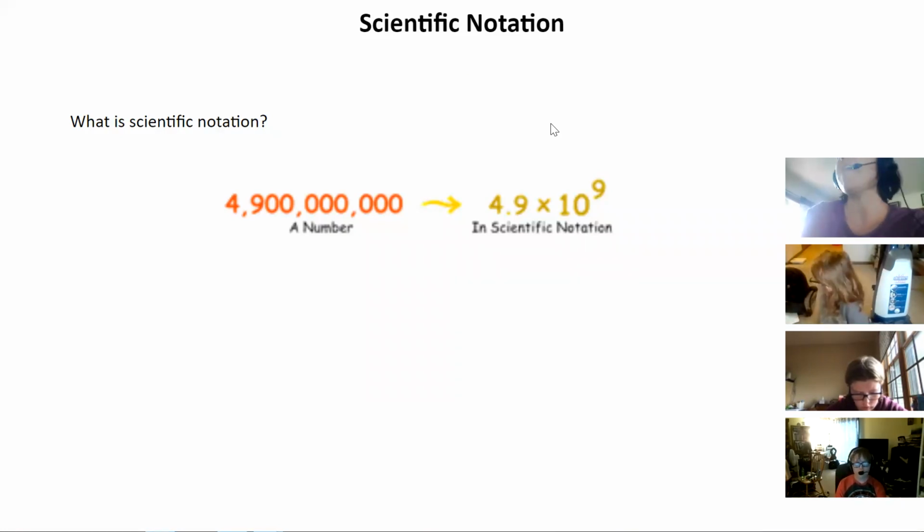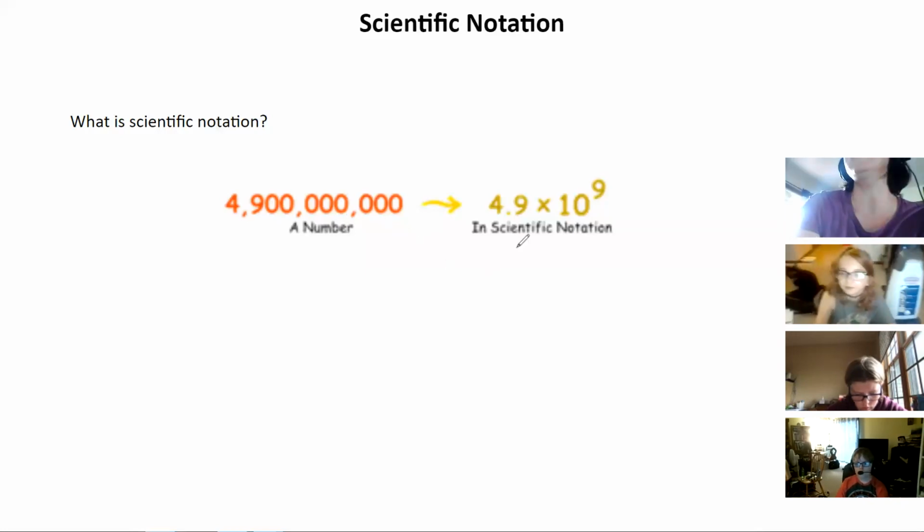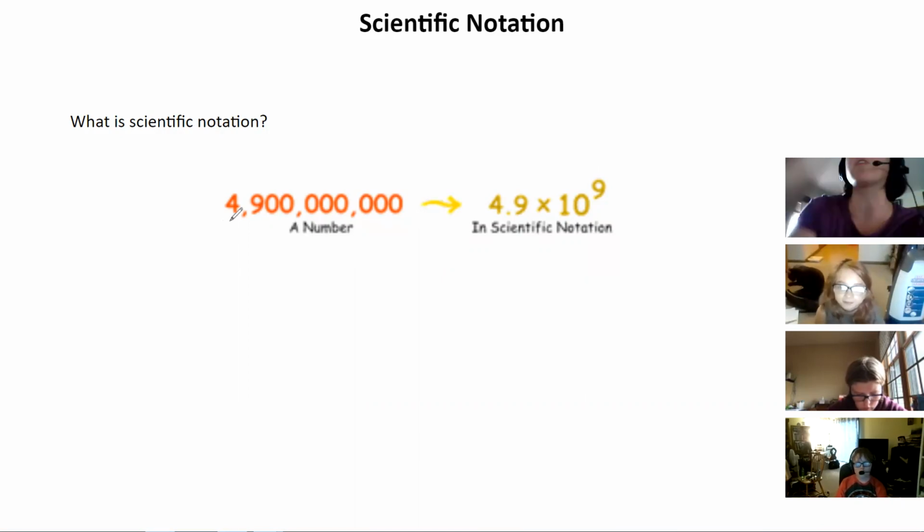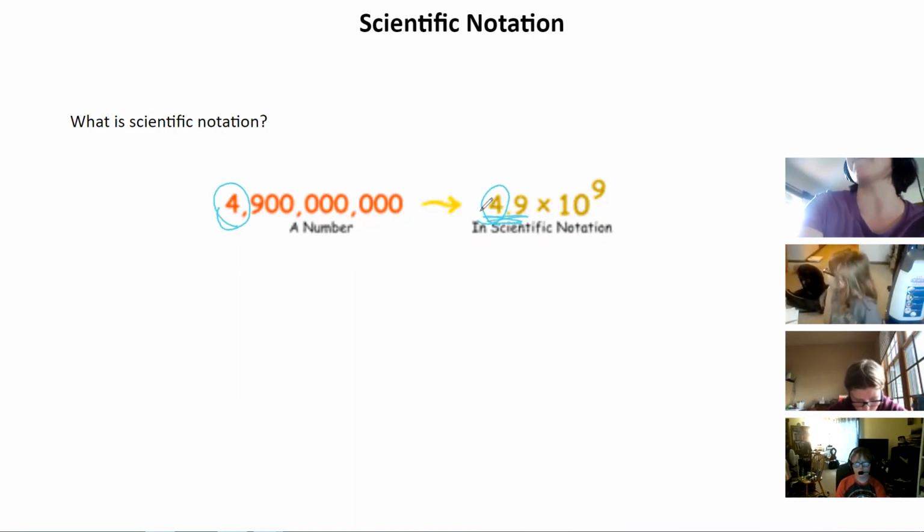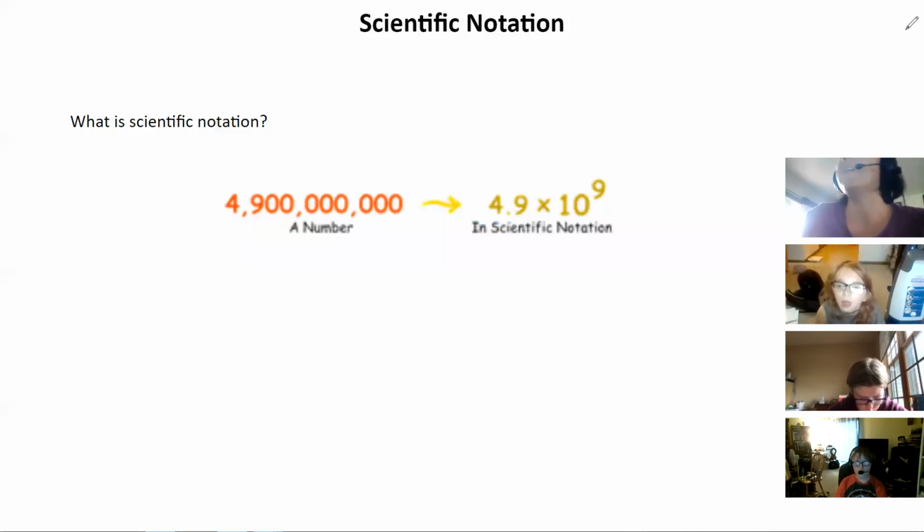The goal is to get that big, long number into a short condensed notation. So we make it so there's a whole number in front. Could have a decimal, but it's got to have a single digit number before that decimal sign. That is the goal there.